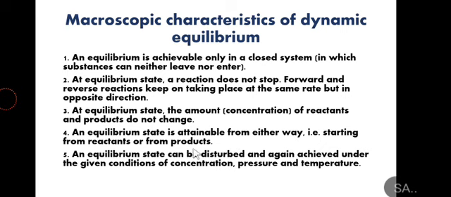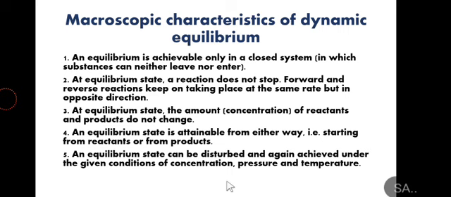So if you go from left to right or right to left, the equilibrium state is attainable from both sides. The last is, an equilibrium state can be disturbed and again achieved under the given conditions of concentration, pressure, and temperature.